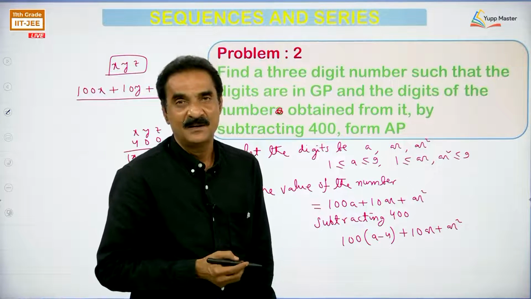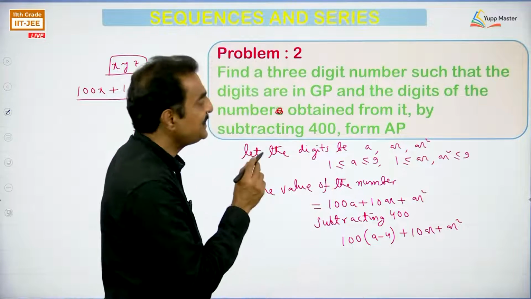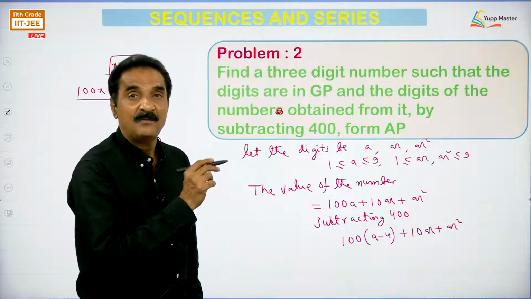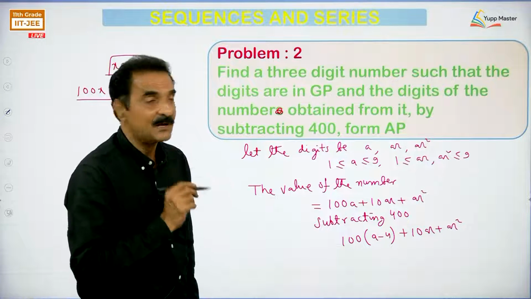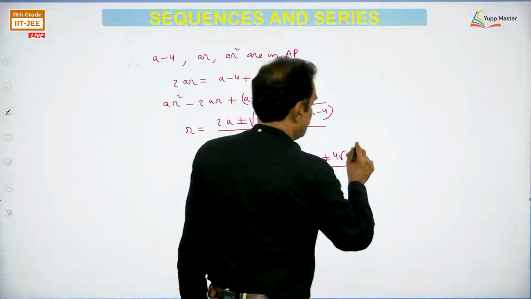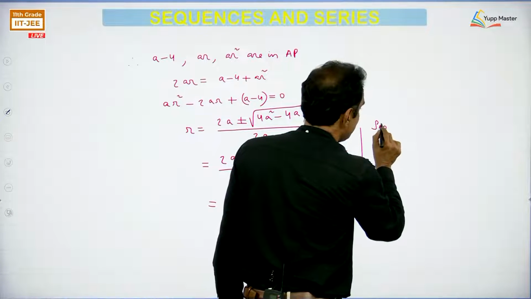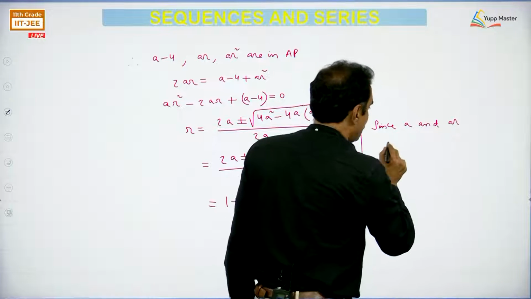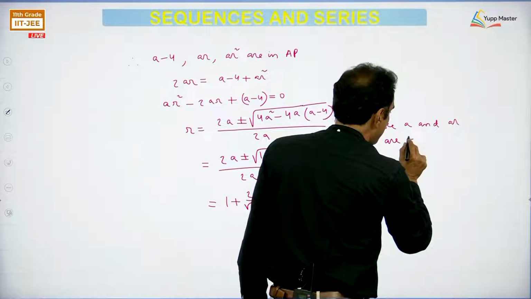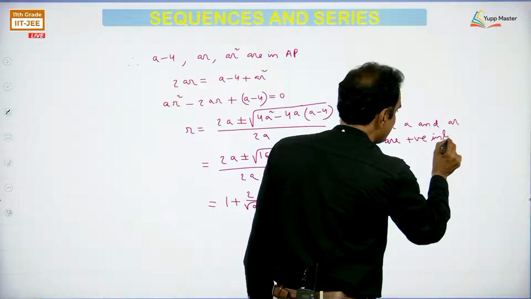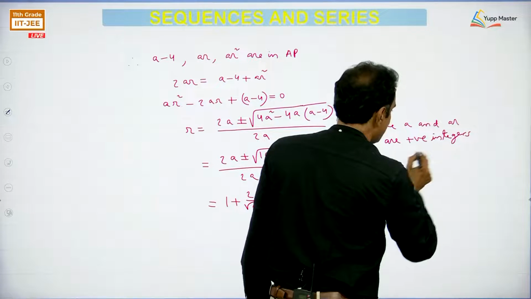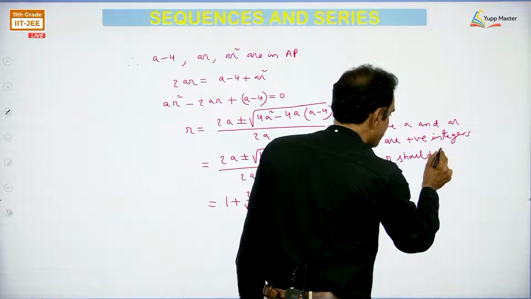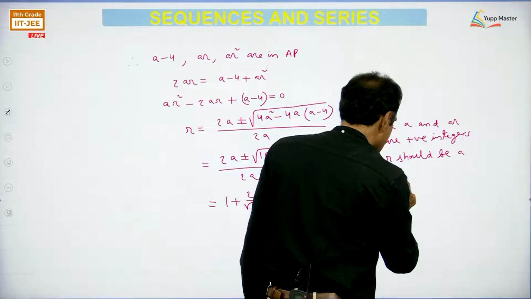So since a and ar both are positive integers between 1 and 9, dividing them we will get r. r should be a rational number.